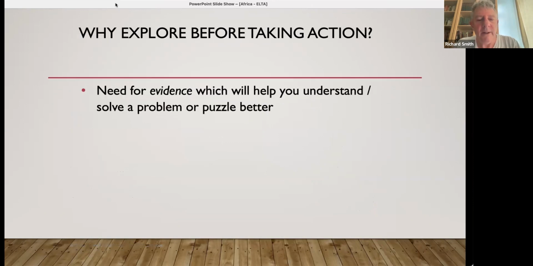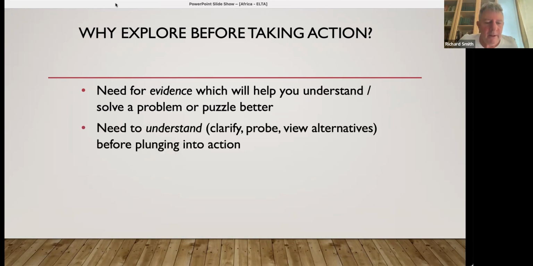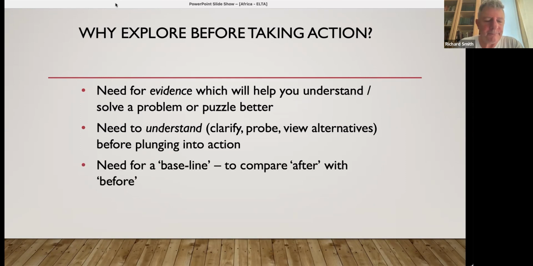So why explore before you take action? Why do exploratory research before you do action? Because you need some evidence to help you understand or solve a problem or puzzle better, instead of just jumping into an action without a good foundation. You need to understand before you go into action.